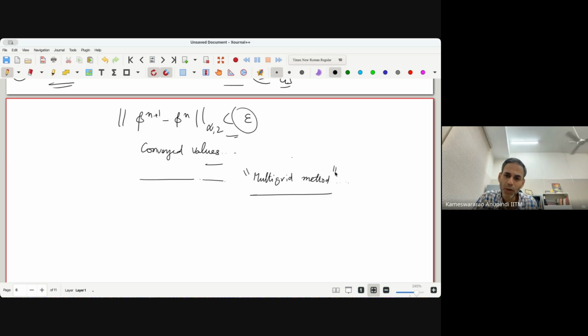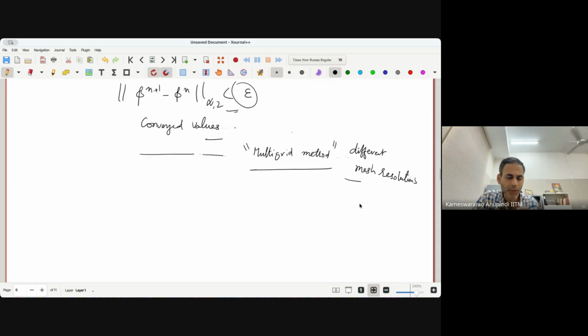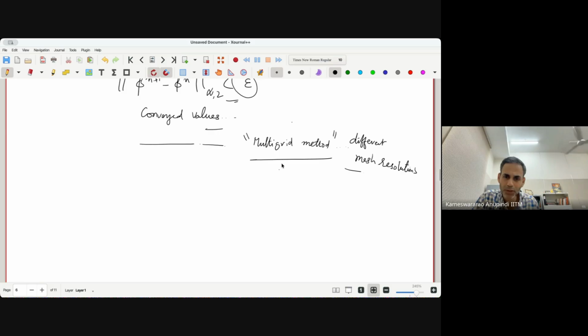It works with different mesh resolutions in order to quickly damp the errors. That's going to consume 1 or 2 classes, and anyway it's not in the syllabus.